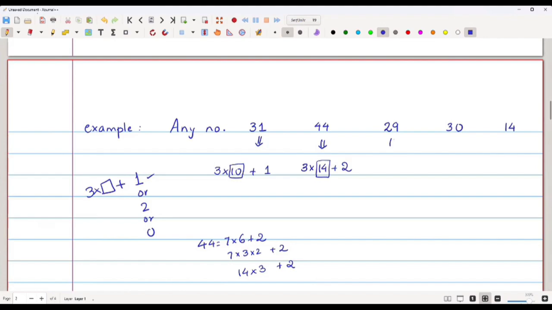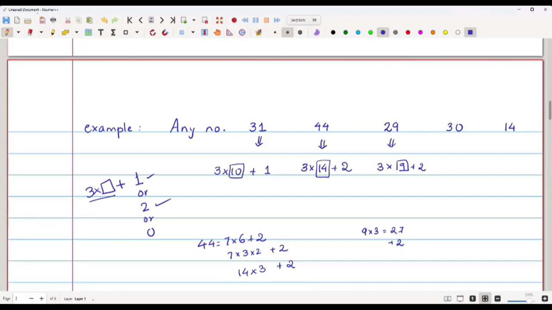Plus 29. Now we know that 9 threes are 27, and we can add 2 to that. So this is 3 into 9 plus 2. So this is again 3 into something plus 2 format.